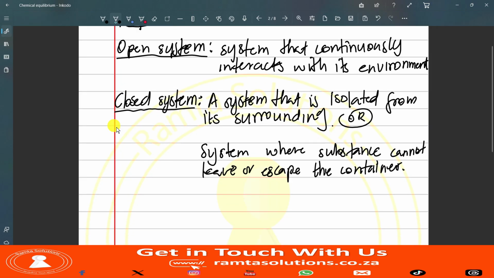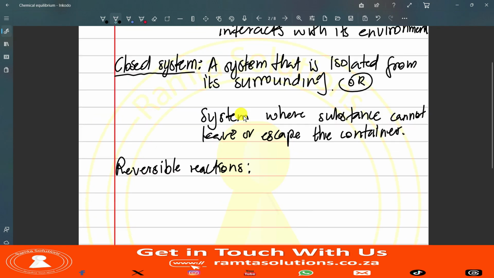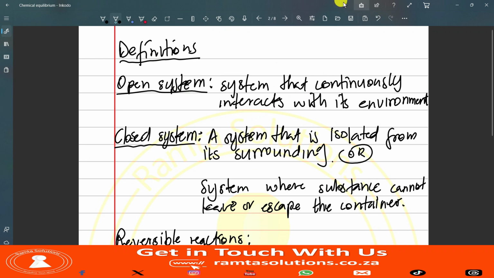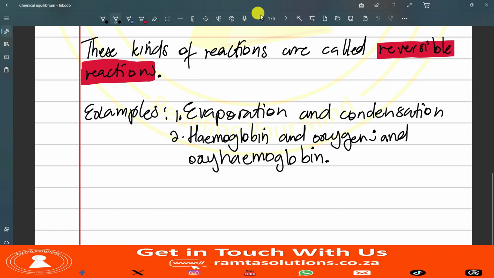Perfect. Now we're going to talk about the reversible reactions. I did introduce them earlier, but I didn't define them, or I think I did in a way, but not convincingly so.